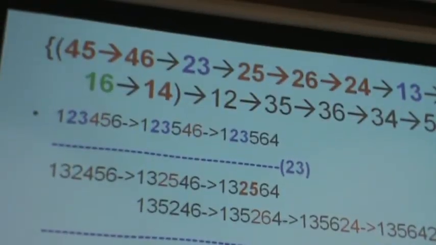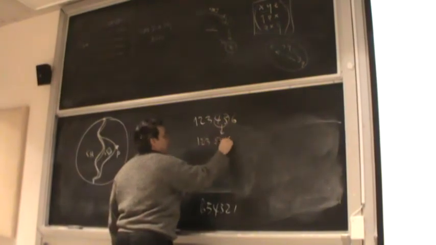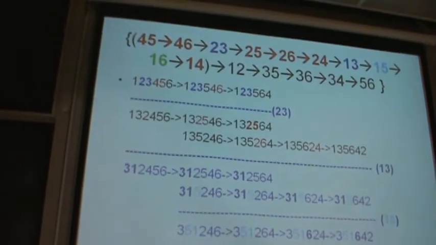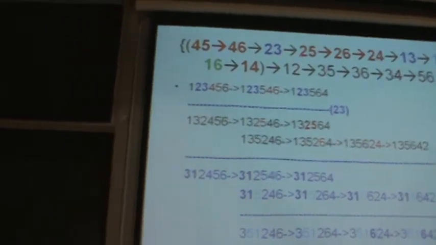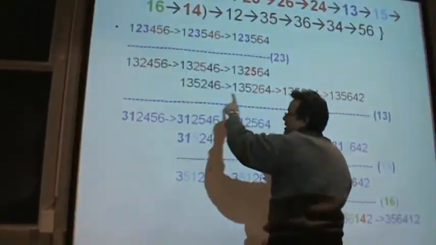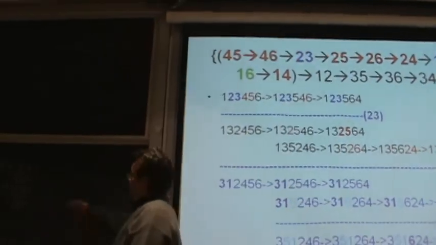First one says 4, 5. This is flip 4, 5. Next one says 4, 6. Flip 4, 6. Is that clear? So those are the n squared steps that you will have to make to go from here to here.